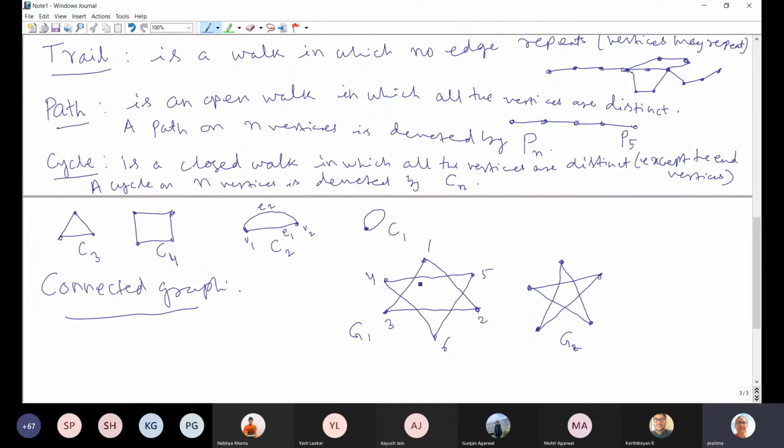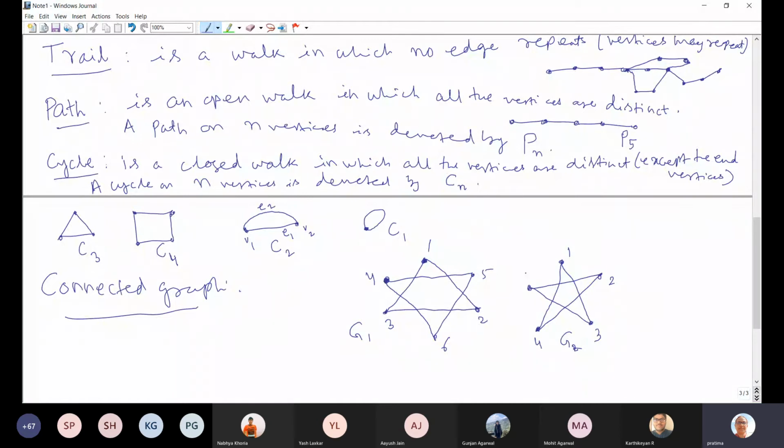In graph theoretic language, if I consider this vertex 1 and this vertex 4, there is no path from vertex 1 to vertex 4 in this graph. Therefore this is a disconnected graph. Whereas this G2 is a connected graph, with vertices 1, 2, 3, 4, 5.